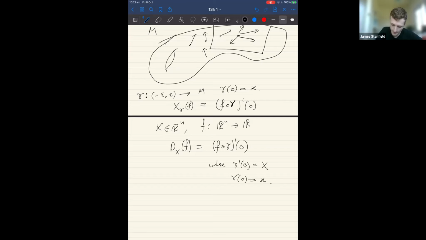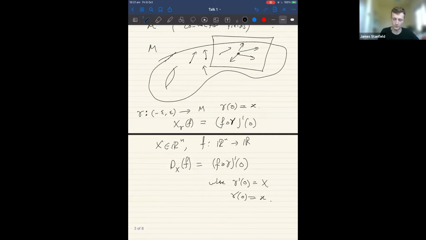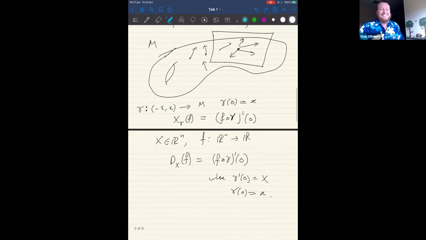So maybe this convinces you that these definitions are equivalent. Obviously, given a curve, I can give you a derivation. Given a derivation, to give you a curve is a little bit more tricky, but not too hard. So hopefully that clarifies some intuition there for people. All right, cool. That was a good question. It's all good for me.